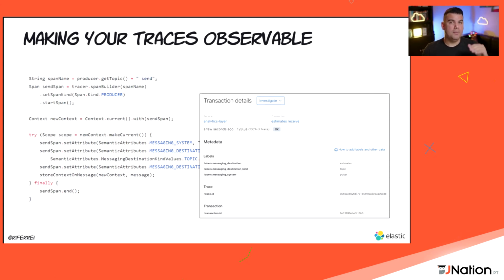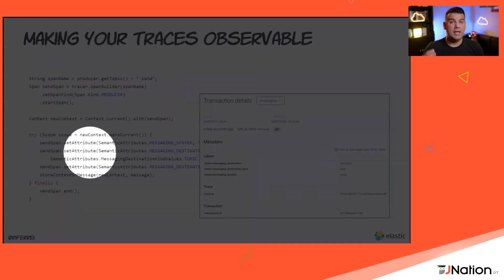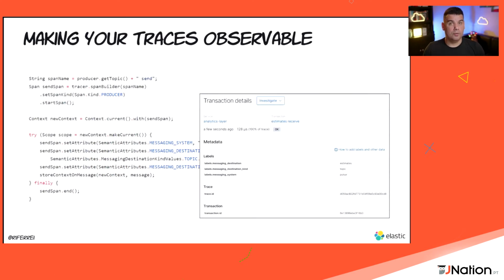Not all the time is the person that wrote the code going to be the person observing and monitoring the application. They have no idea what the application does and how it does it, right? So as a developer, you want to provide as much information as possible. You can do this by using what we call the labels and decoration process. So you've got to be thoughtful on that, right?